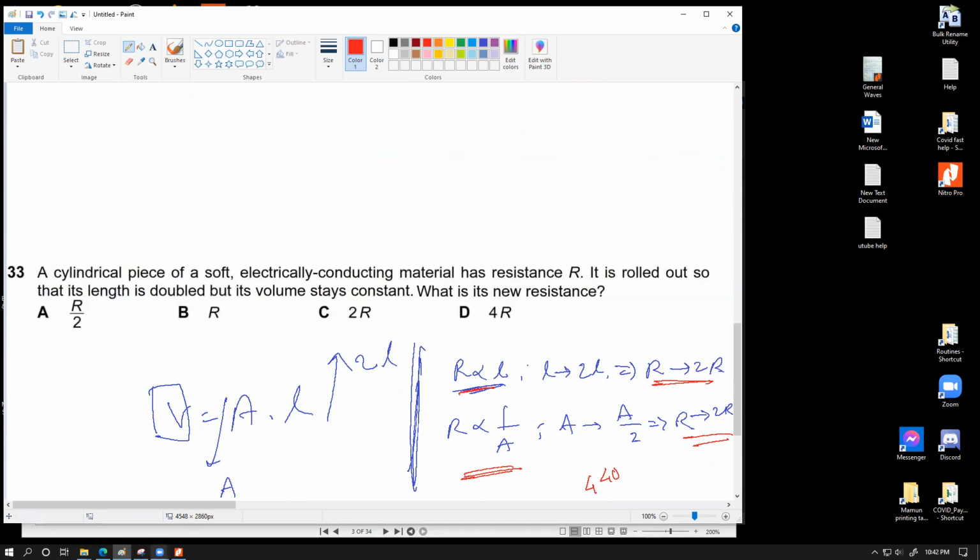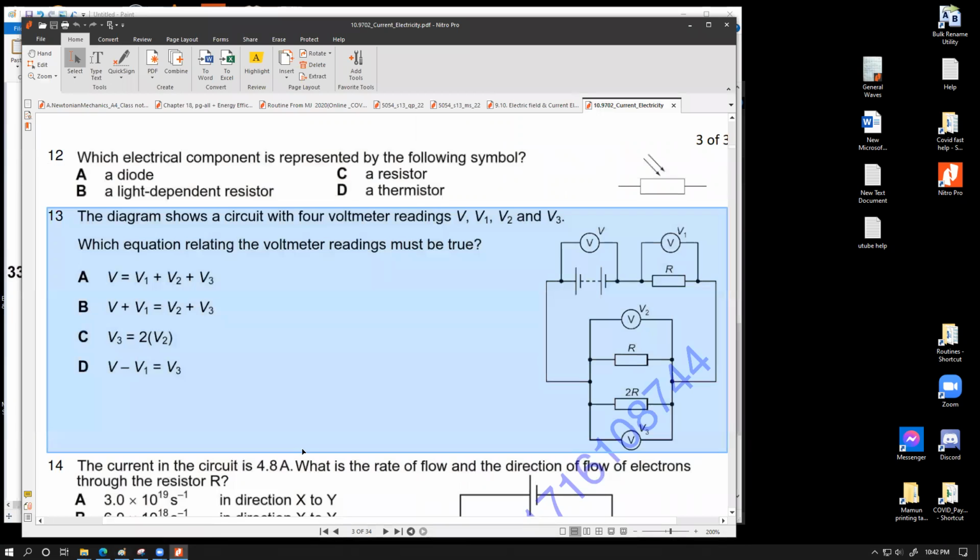Because I asked you to look at your worksheet and try to figure out this MCQ. No problem, no problem. Take out your booklet and look at 13.